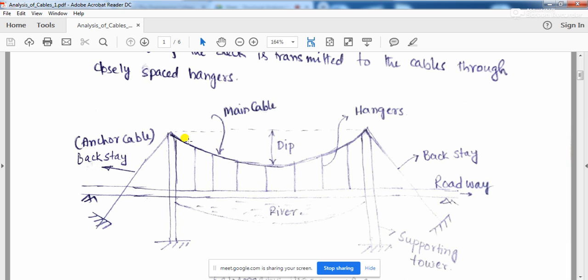Now this main cable will be passing over these supports. These are basically the supporting towers, and on top of these supporting towers, as we have understood, there may be different kinds of supporting arrangements.